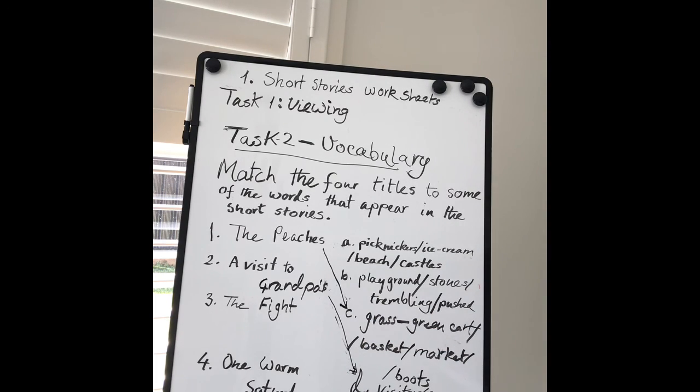Now, number 3, the fight. So you have 2 options. Can you relate it to playground? Yes. Can you relate stones to the fight? Yes. Because people might be using stones and throwing stones at each other while they are fighting in the playground.